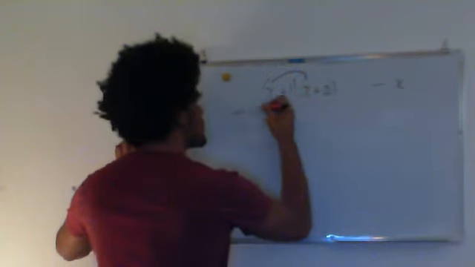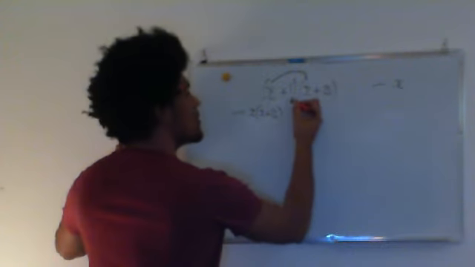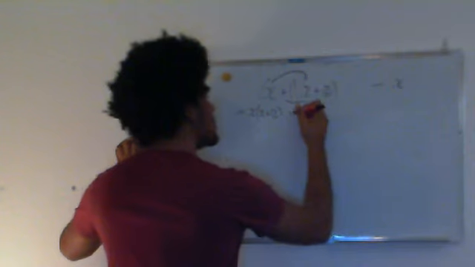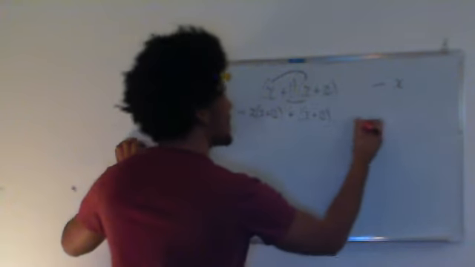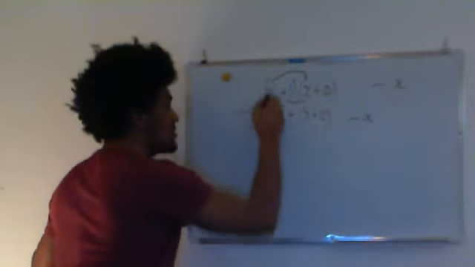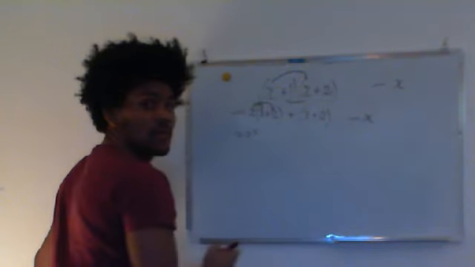So x times by the entire bracket, sorry, is going to be x times by x plus 12. 1 times by the entire bracket is going to be x plus 12, minus x. X times by x is going to be x squared. X times by 12, 12x.